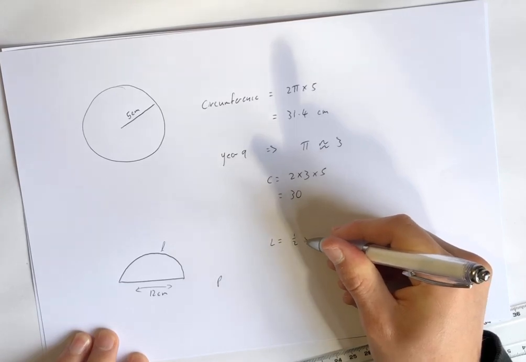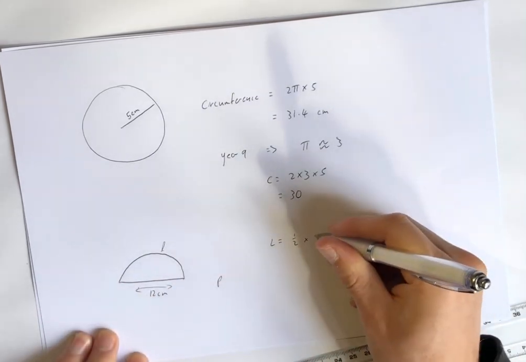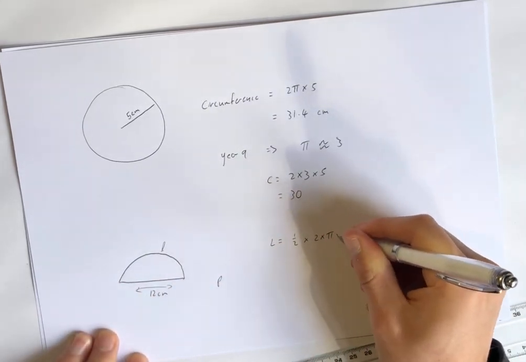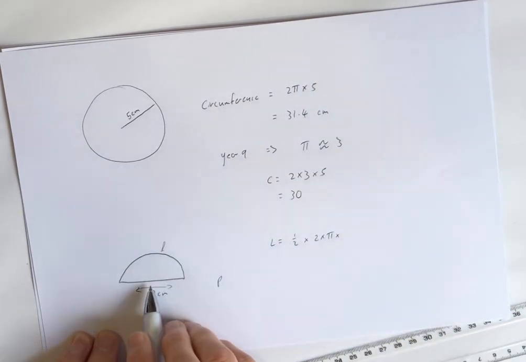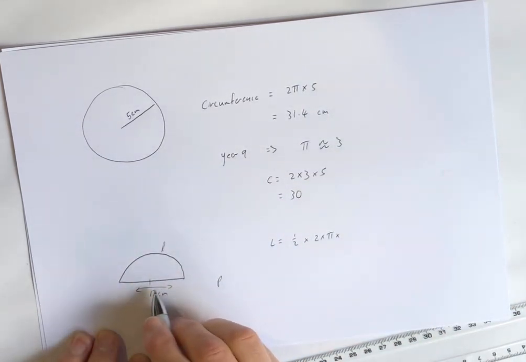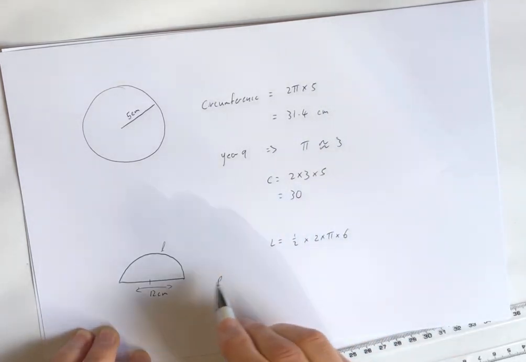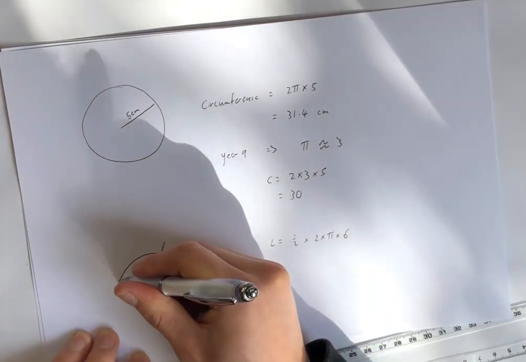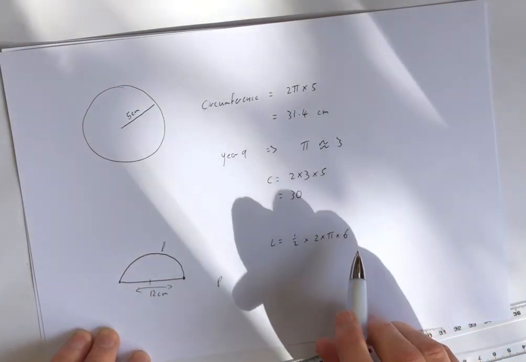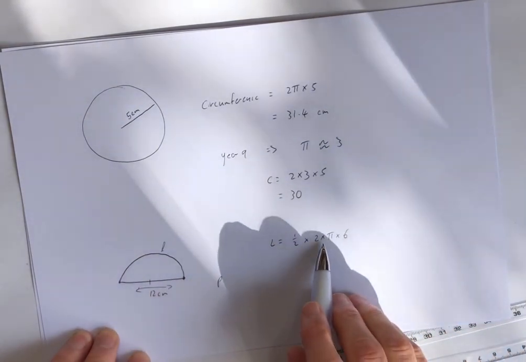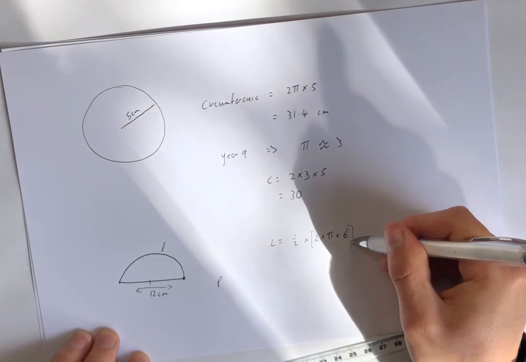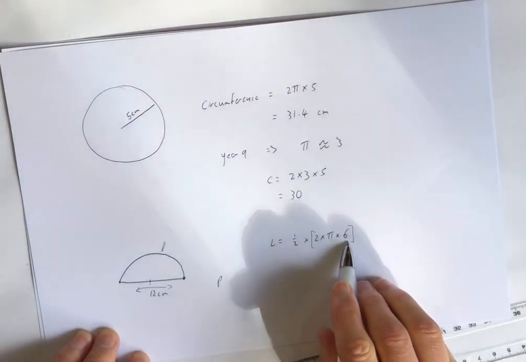So it'll be a half times 2 times pi times the radius. Now the radius in this one would be 6, half the diameter. Okay, so the length from here around to here would be a half of a circle. And there you have your circumference, 2 pi r.